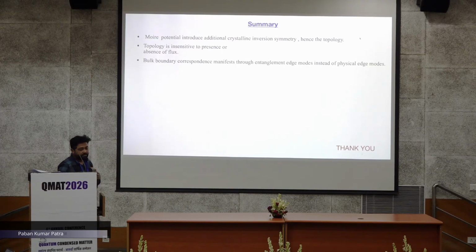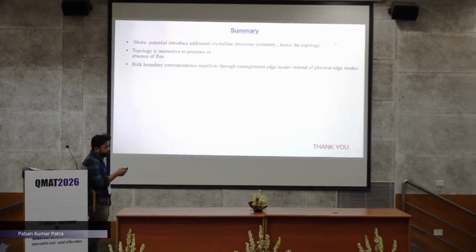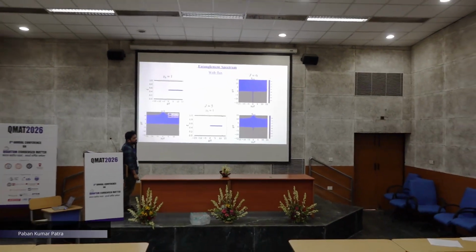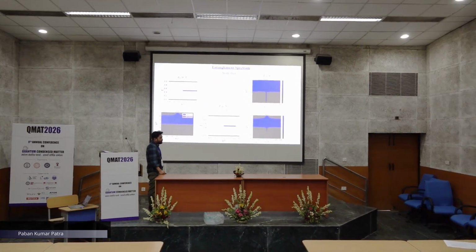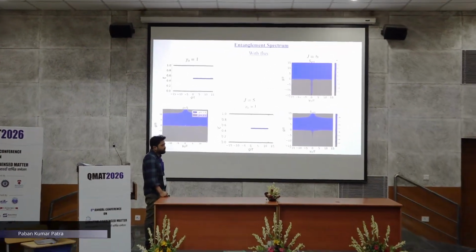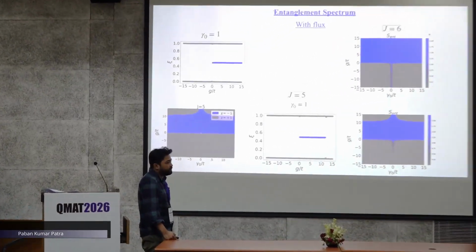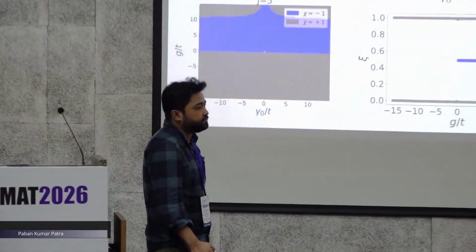I have a small question. At the end, you were talking about the entanglement entropy. Does this potential give you any special advantage in entanglement entropy? Because there are several models.